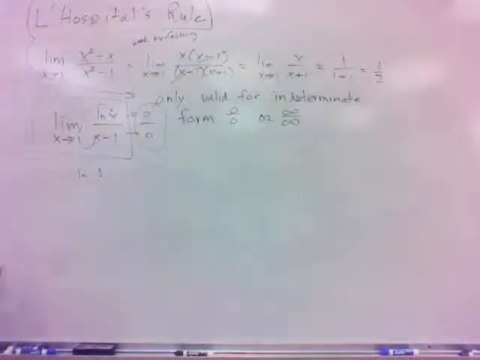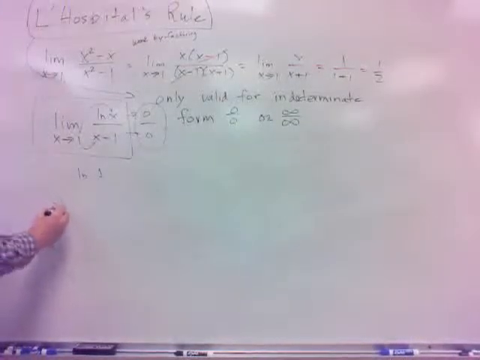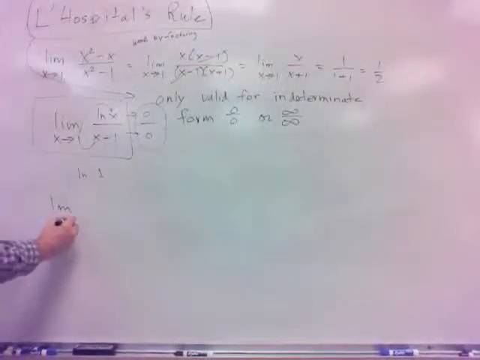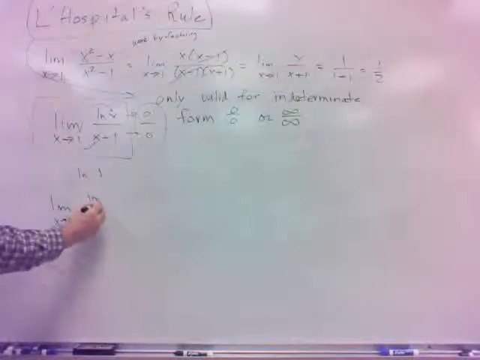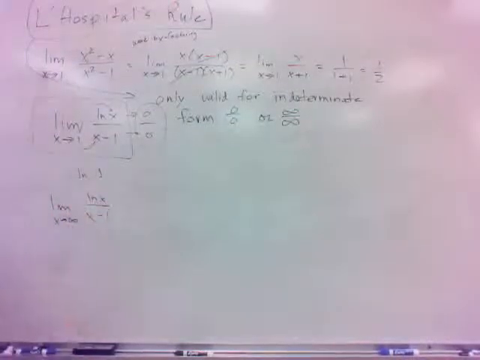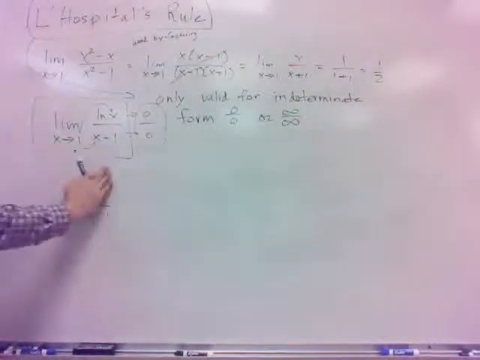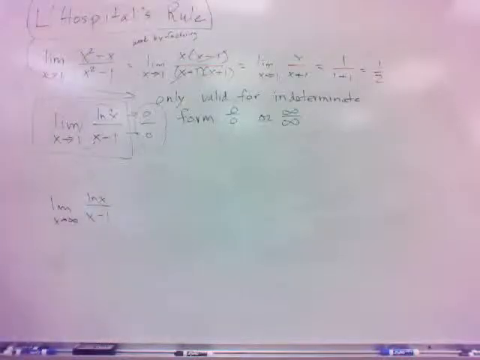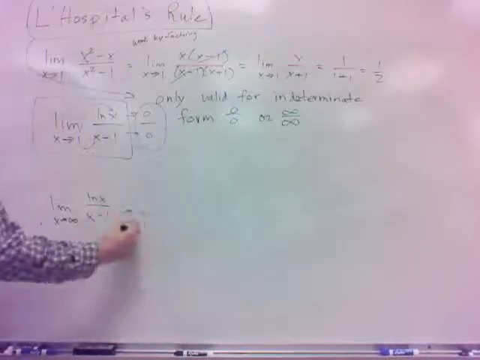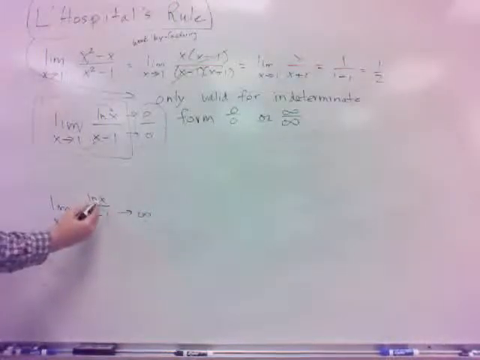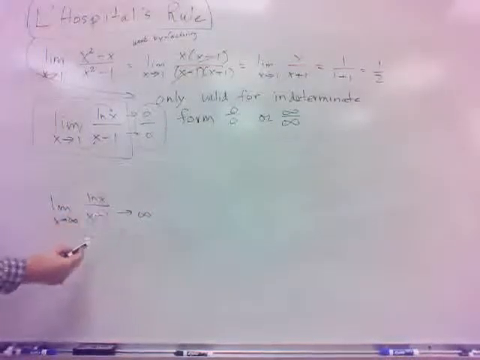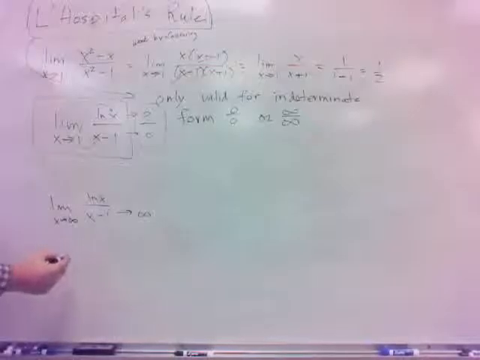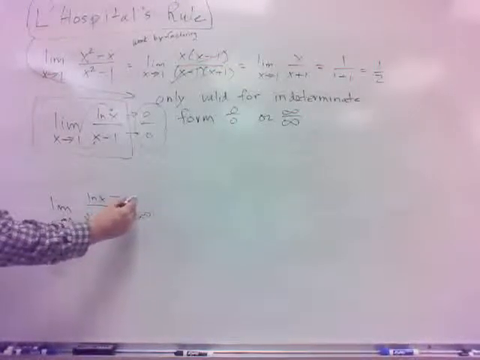An example of infinity over infinity: the limit as x goes to infinity of ln of x over x minus 1. This is infinity over infinity because as x goes to infinity, you have infinity minus 1, which is certainly infinity. The ln, as x grows larger and larger, so does the natural log, so that also goes to infinity.